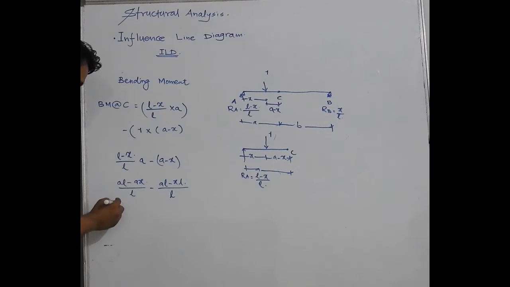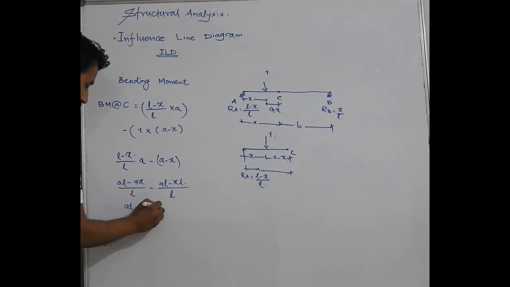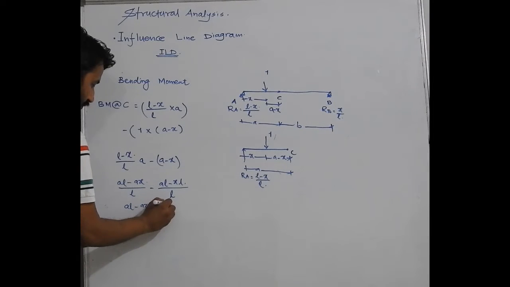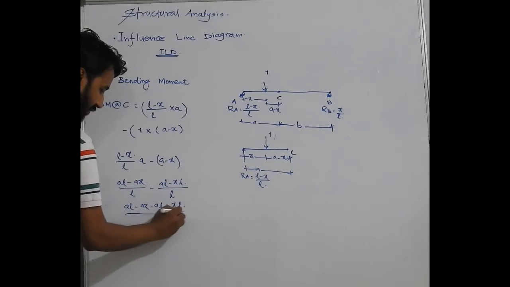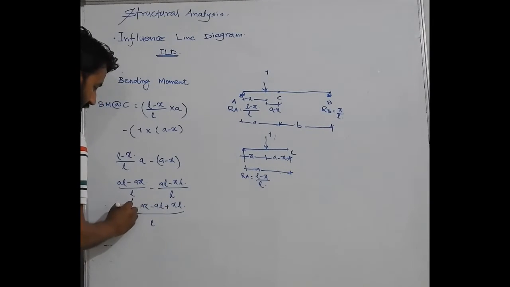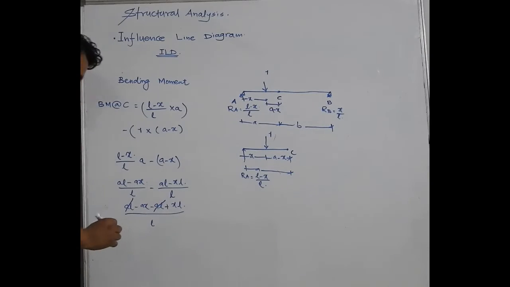So this is equal to AL minus AX minus AL plus XL, divided by L. So this AL will get cancelled.